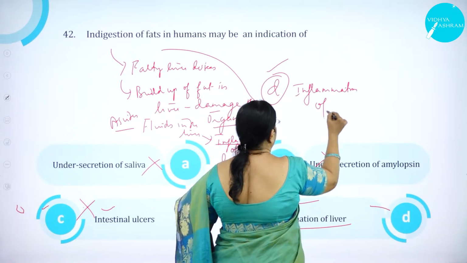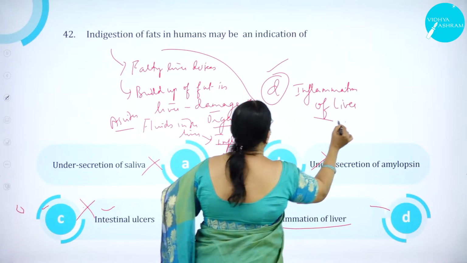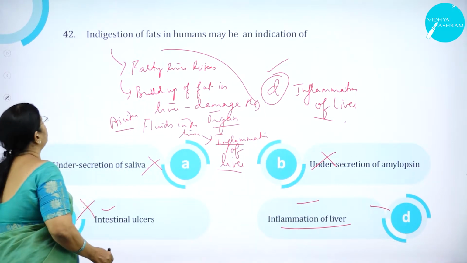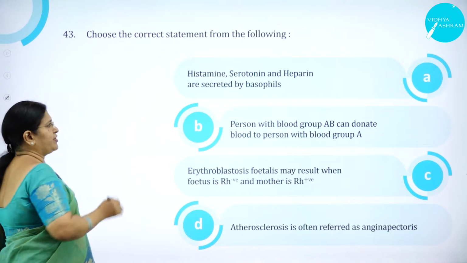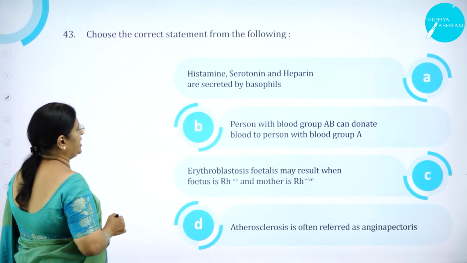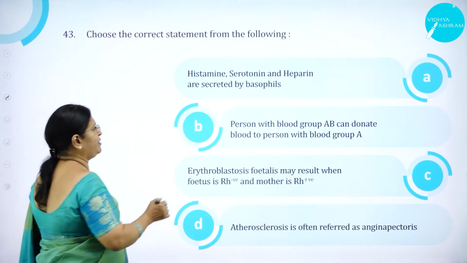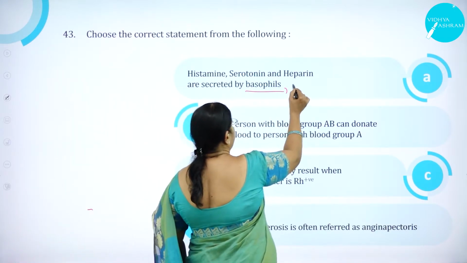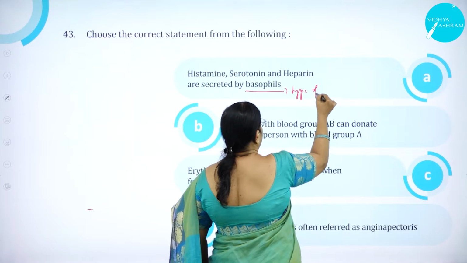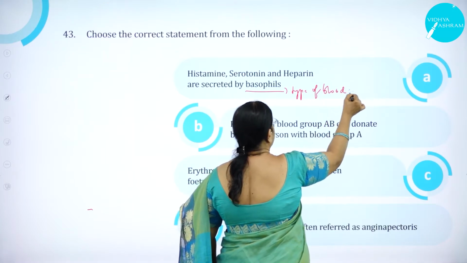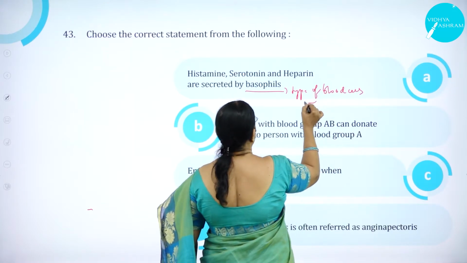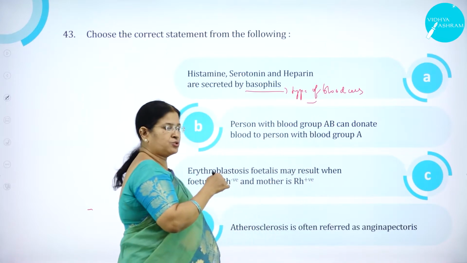Inflammation of liver. Choose the correct statement from the following options. Option A, histamine, serotonin and heparin are secreted by basophils. Basophils are a type of blood cells. And the secretions of, so first I'll just go through the options.